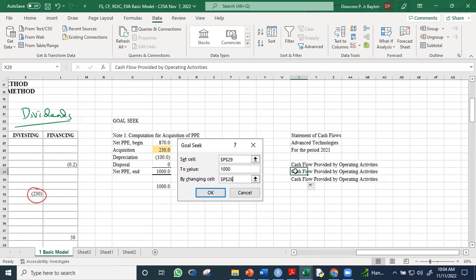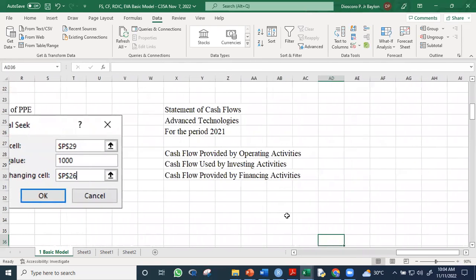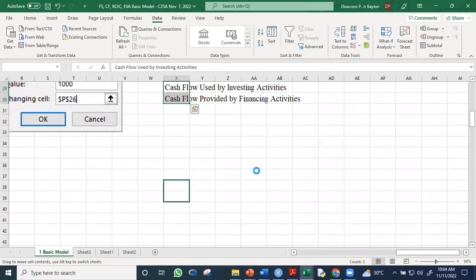So this should be cash flow used by investing activities, and cash flow provided by financing activities. All right, so we have these three activities now. So let me move the others first.